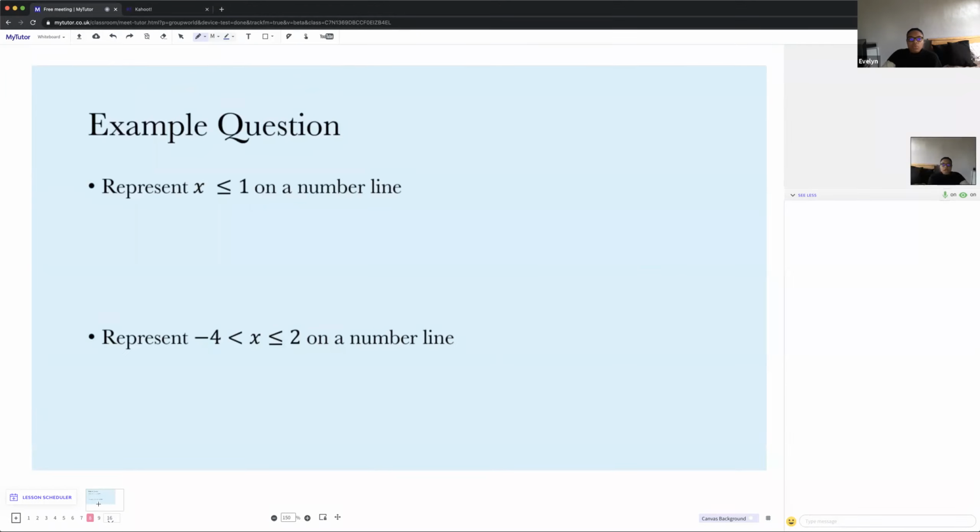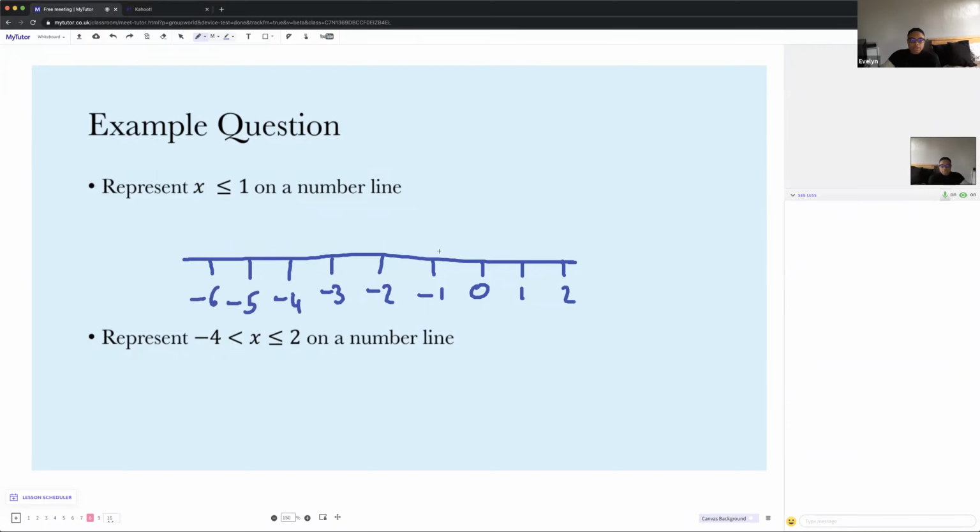Right. What I would like, it's going to be hard for you to show this on the chat. So let's go through these together. Now, I'll start with 0, 1, 2, minus 1, minus 2, minus 3, minus 4, minus 5, minus 6. Okay, right.